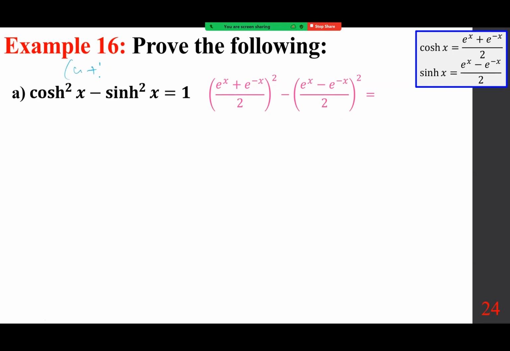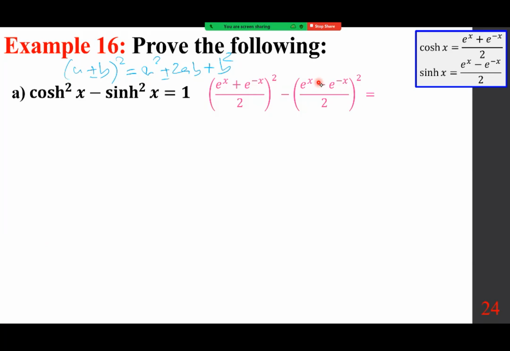A plus b squared is a squared plus 2ab plus b squared. If you have a negative sign here, we're going to have a negative sign. Therefore, e to the power of x, the second power, is e to the power of 2x plus 2 e to the power of x, e to the power of minus x plus e to the power of minus 2x. This one, the same thing with the negative in front.